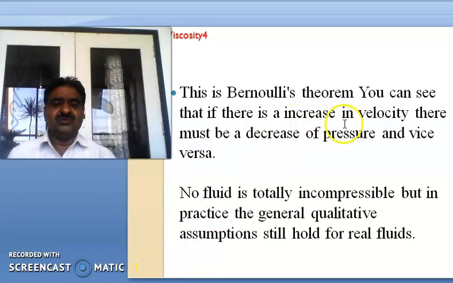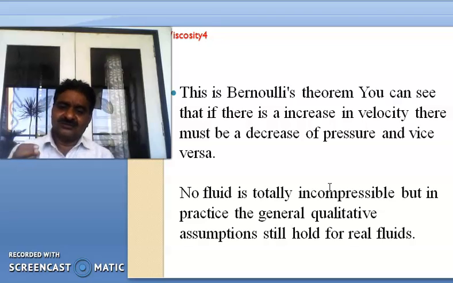You can see that if there is an increase in velocity, there must be a decrease in pressure. Velocity increases, pressure decreases, and vice versa: velocity decreases, pressure increases. But no fluid is totally incompressible. Already I have told you, no fluid in nature is totally incompressible.